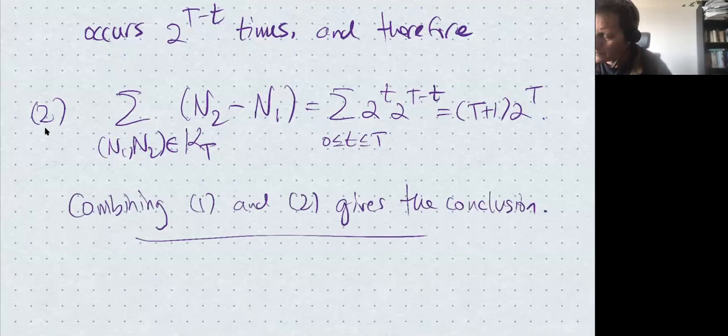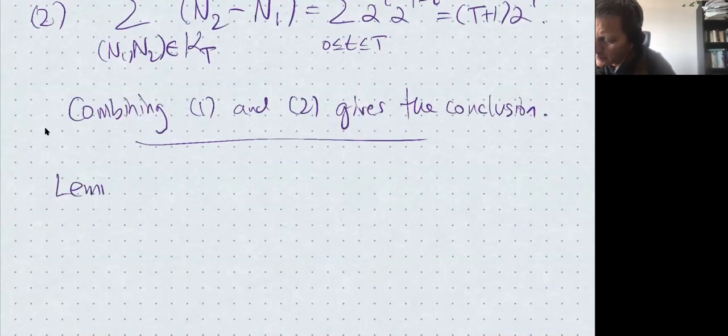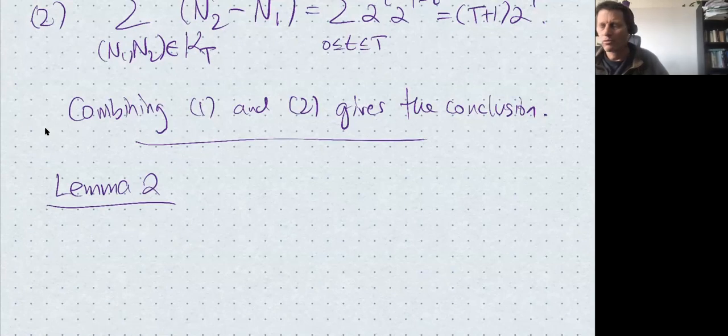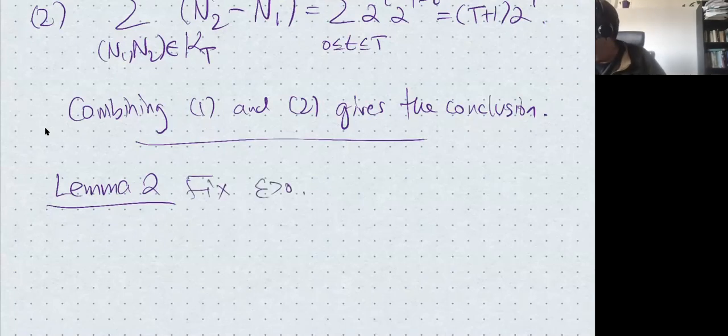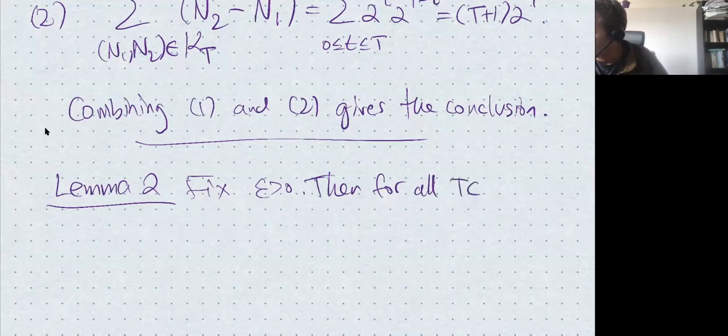But notice that we used the Rogers second moment bound. Second lemma. Let's fix a positive number epsilon. Then for every choice of integer t, so I'm using two symbols for integers.